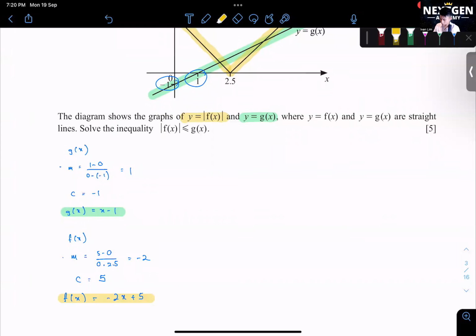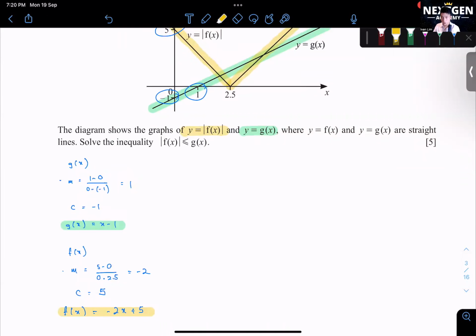Now that we have these two equations, we need to solve this inequality: modulus f(x) is less than or equal to g(x).